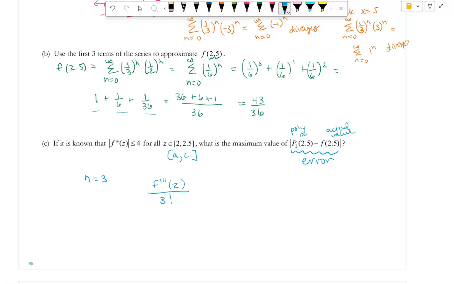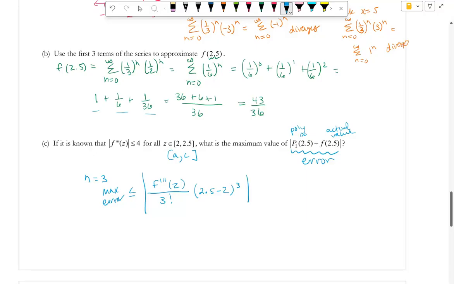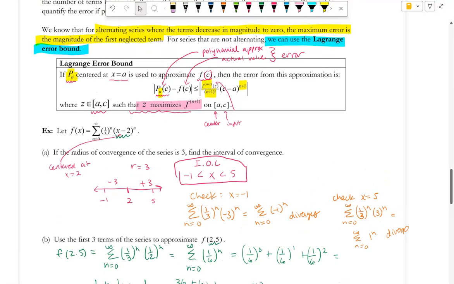And then I'm going to multiply that with my x minus 2. So I'm going to plug in my 2.5 minus 2, and this is going to be to the third power, right? So our maximum error is going to be less than or equal to this magnitude. And again, that's just what we're seeing up here in our box.